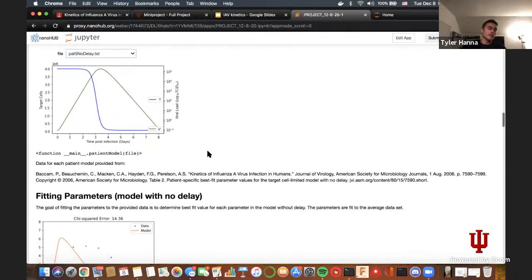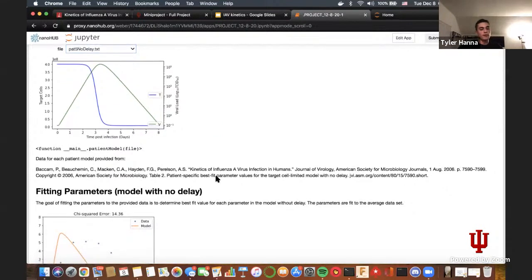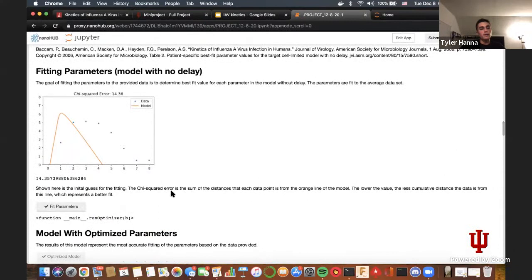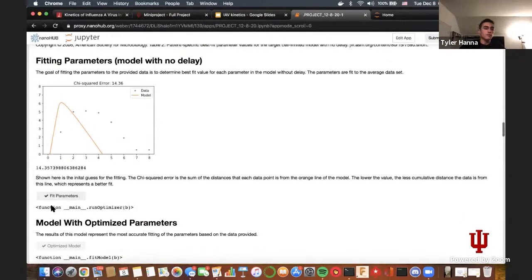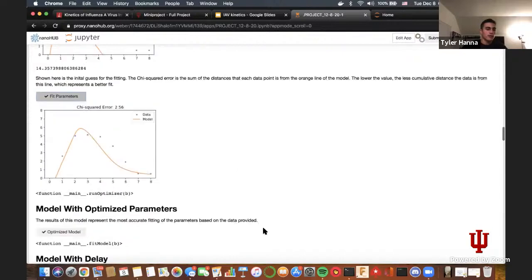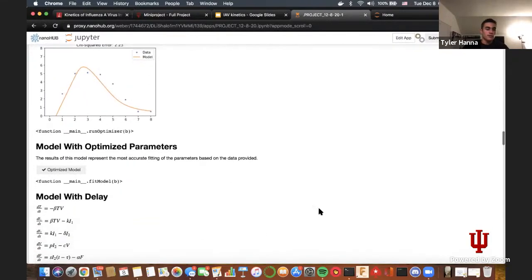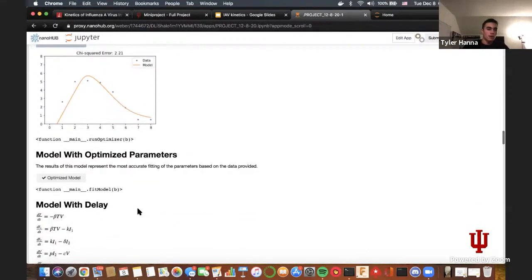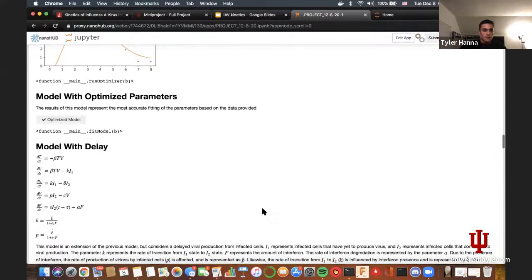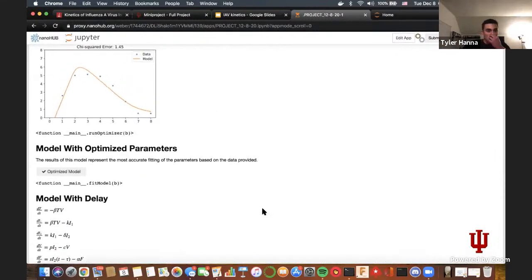For the model with interferon response, which I'll get to just in a minute, here I have the fitting algorithm to fit the average data I mentioned before, and then we have a model that will run with the optimized parameters, which hopefully doesn't take too long.